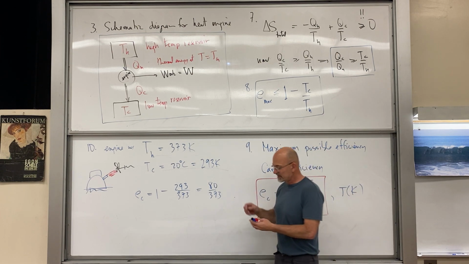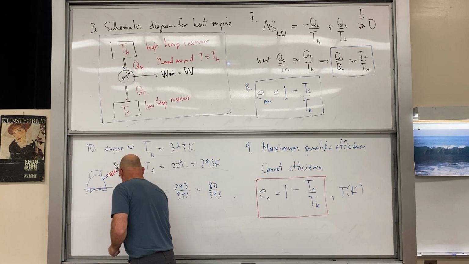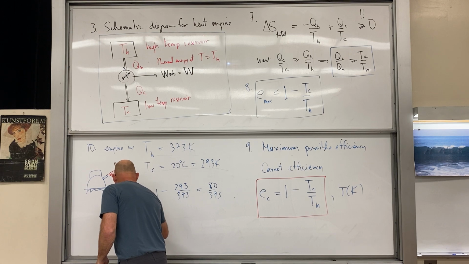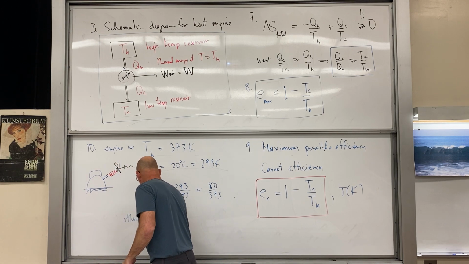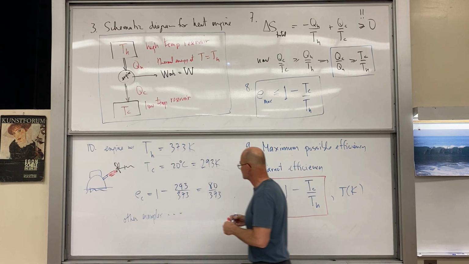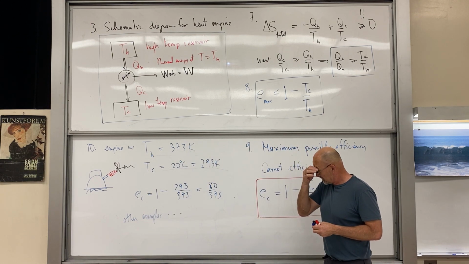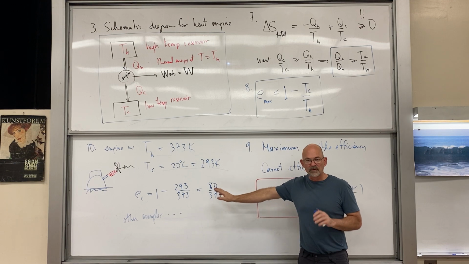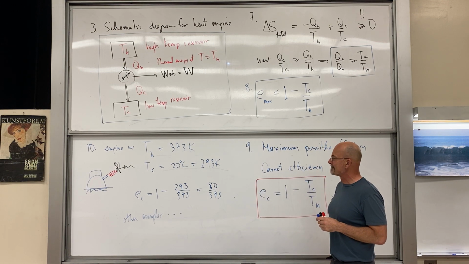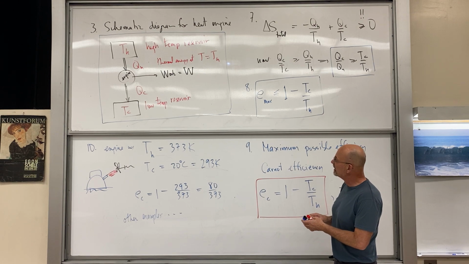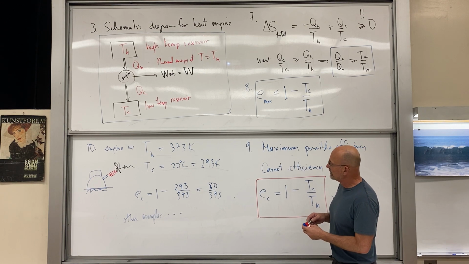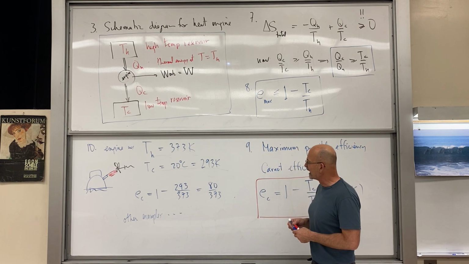Yeah, you can make up other examples to your heart's content. Okay, this is how you do it. 22% or something. Put it in the calculator. Okay, so those are some examples of the Carnot efficiency.